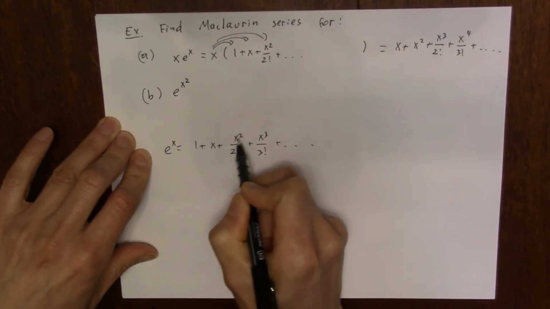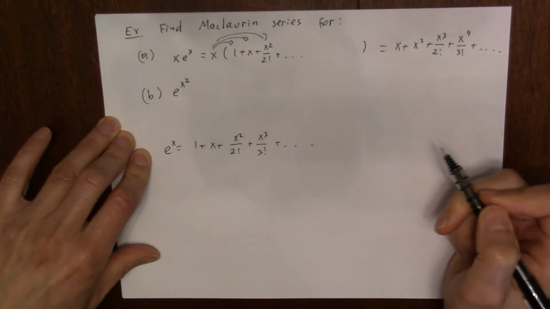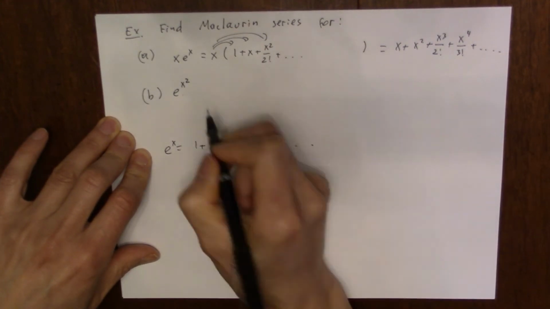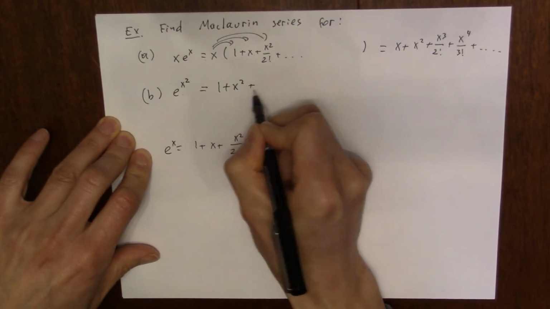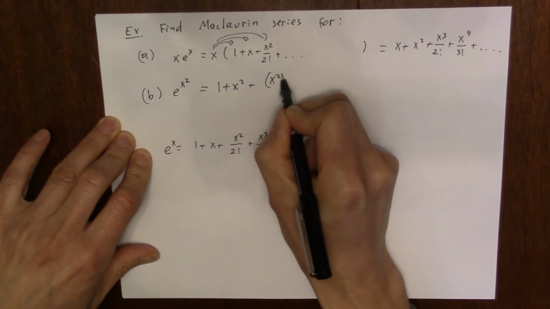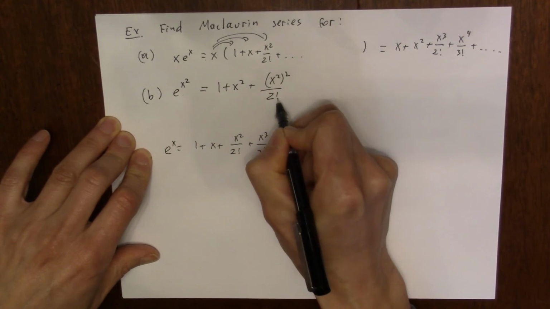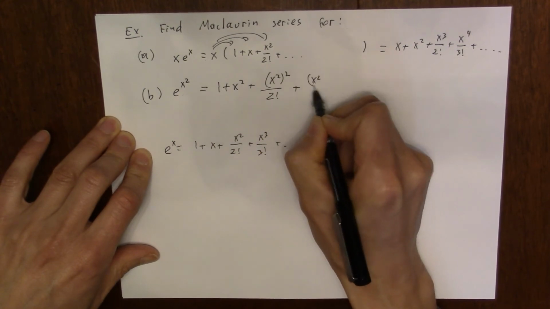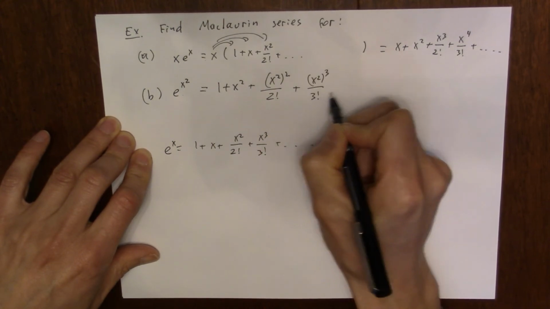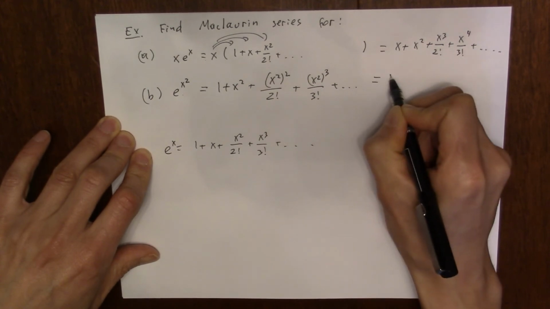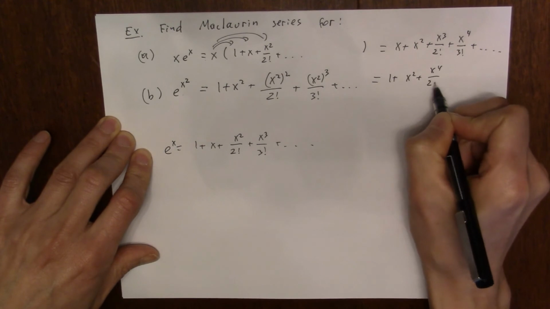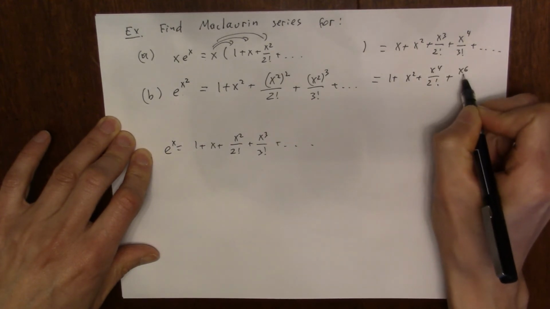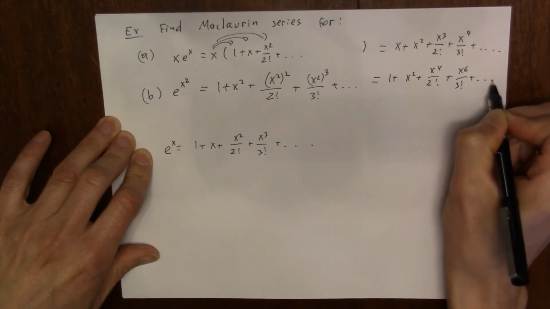So anywhere we see x, instead of x we're going to write x squared, so we're going to get 1 plus x squared plus x squared squared over 2 factorial plus x squared cubed over 3 factorial plus and so on. We're going to get 1 plus x squared plus x to the 4 over 2 factorial plus x to the 6 over 3 factorial plus and so on.